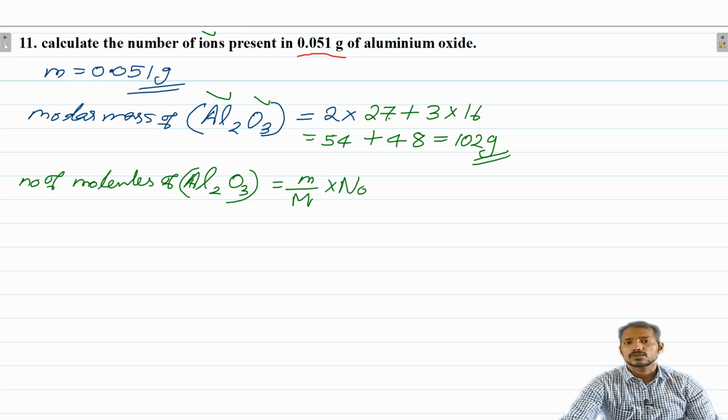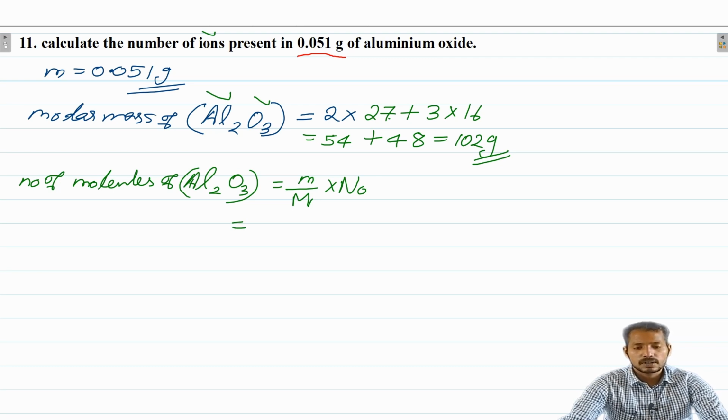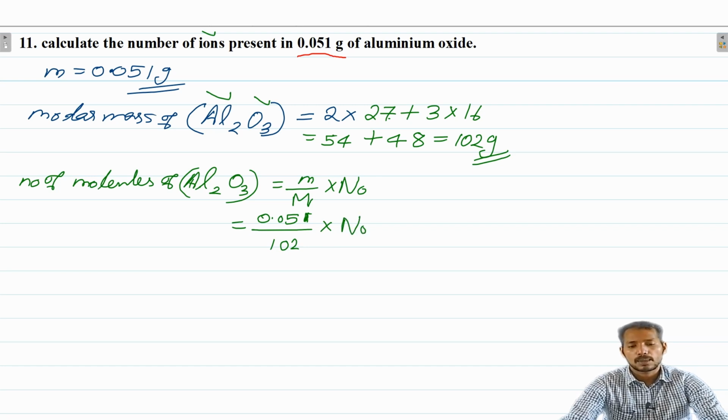That means number of particles is equal to given mass 0.051 divided by molar mass 102 into N0. Just keep it as it is, N0. No need to multiply right now.